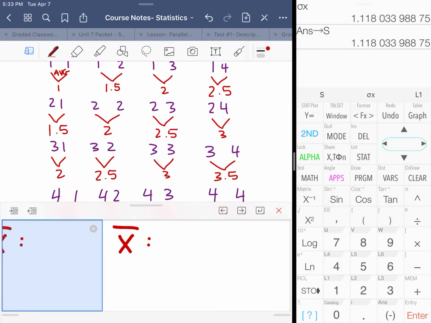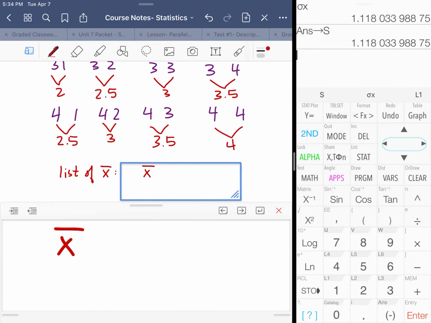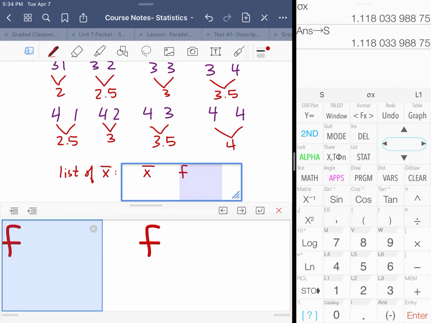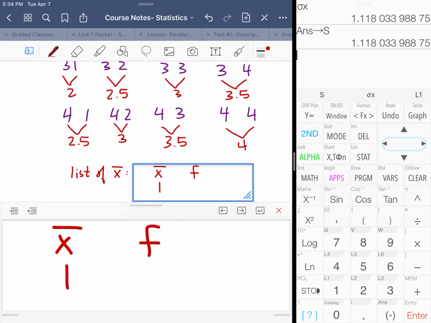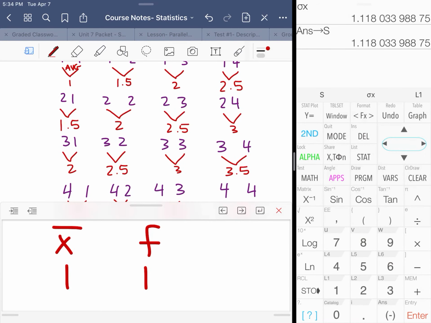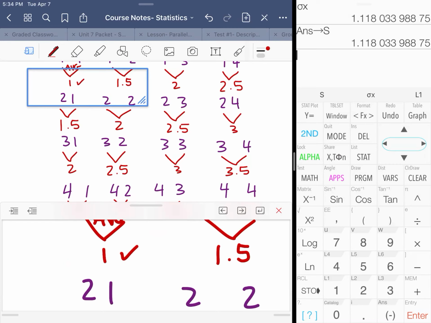Well, I could write them all again, but it would essentially be just reproducing what I have here. I can do it as a frequency table just because I have repeated values, so X bar and each corresponding frequency. So the 1 only occurs once. And I'll put a little check mark when I'm done with it.